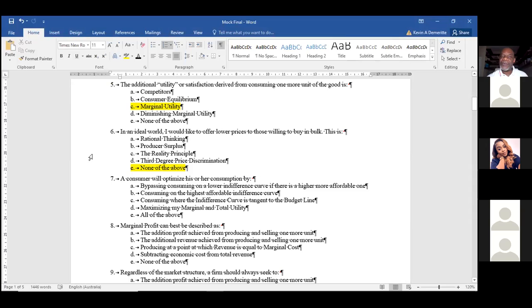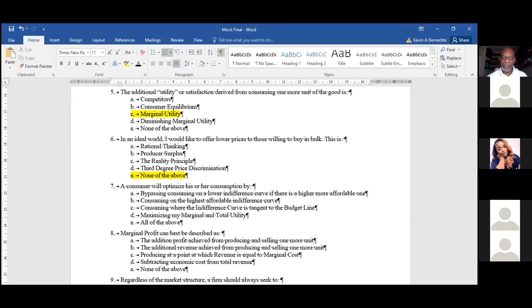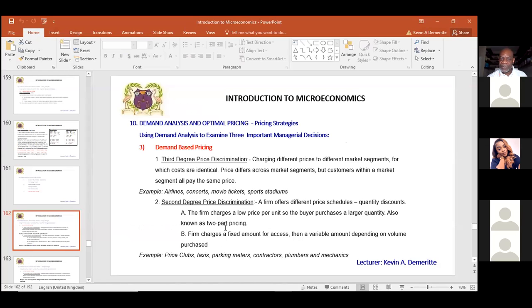See, third degree price discrimination looks nice, like it might be the right answer, but then when you go to your notes, and we look at the actual definition, third degree price discrimination only says charging different prices to different market segments, like airlines, concert, movie tickets, and sports stadiums. But our question talks about buying in bulk, you know, sort of Sam's Club, Price Club kind of situation. And that is second degree price discrimination.